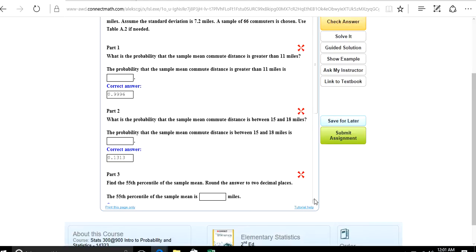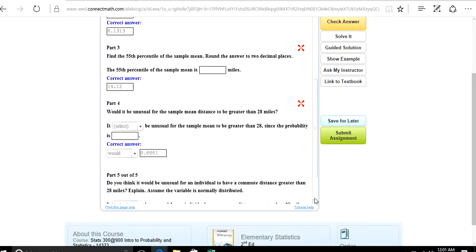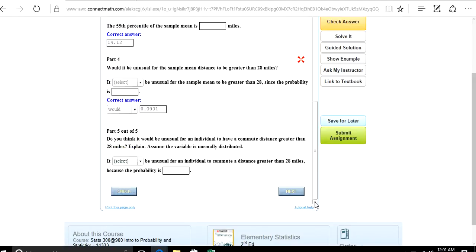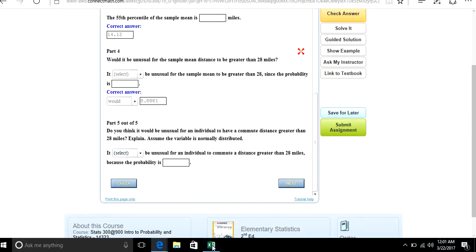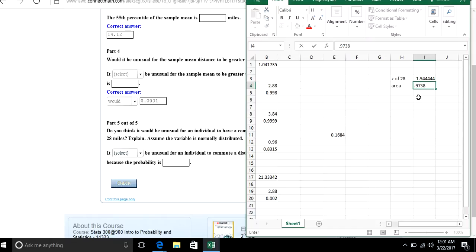And they're asking for the distance that's greater, so make sure to do the complement.